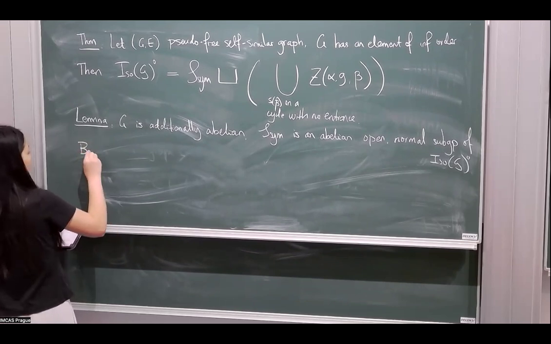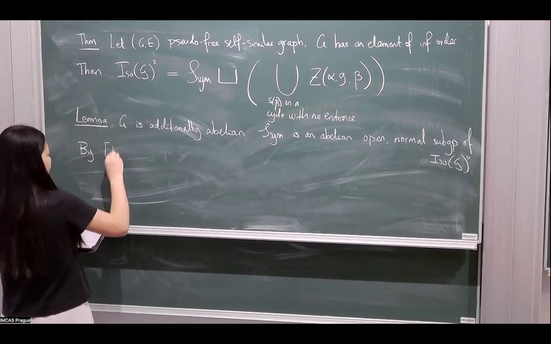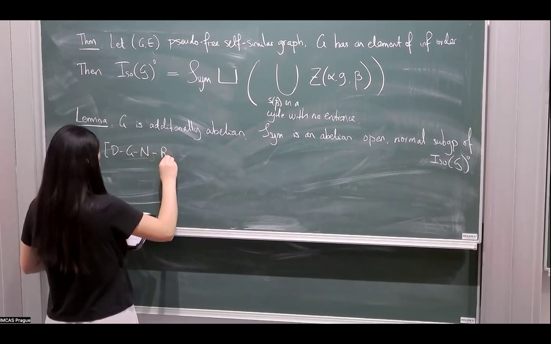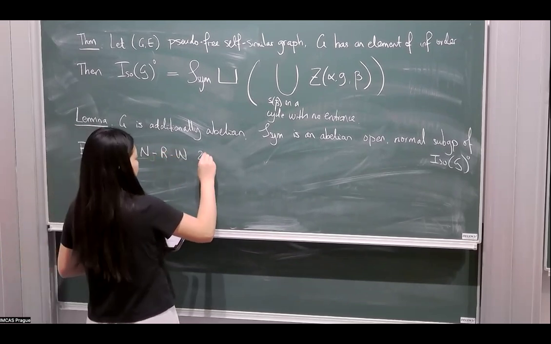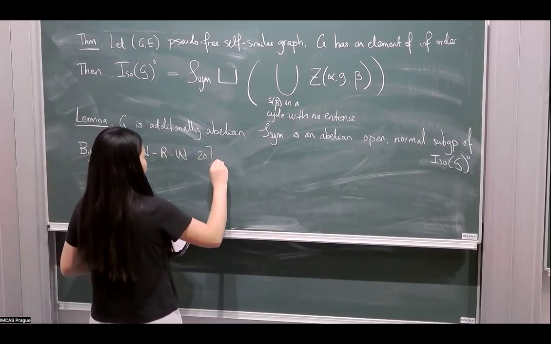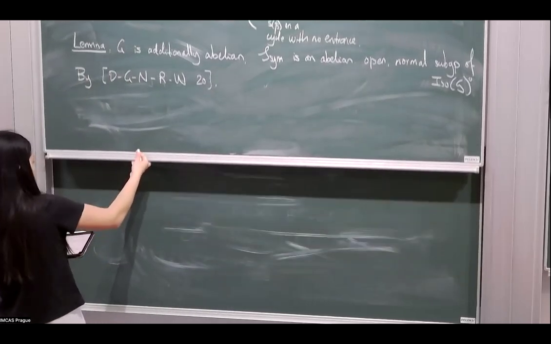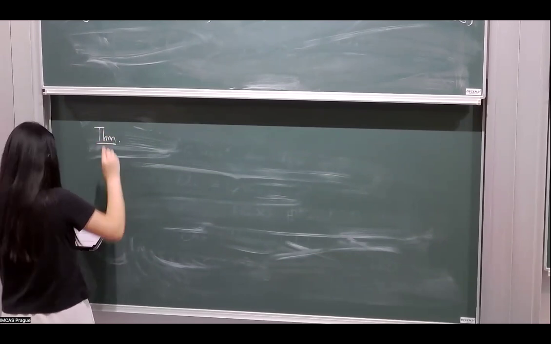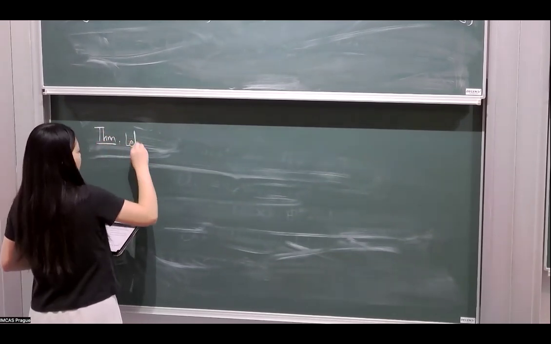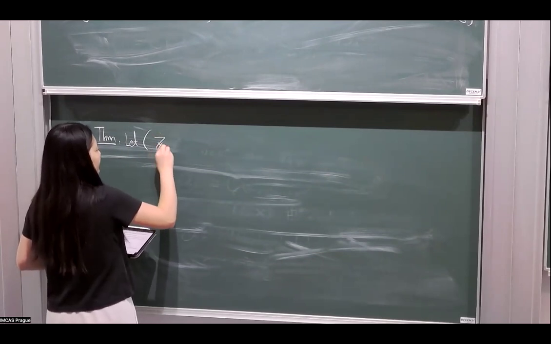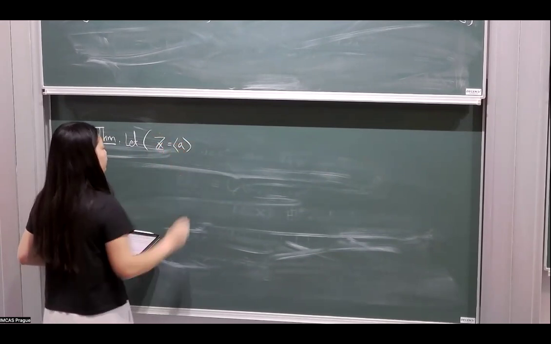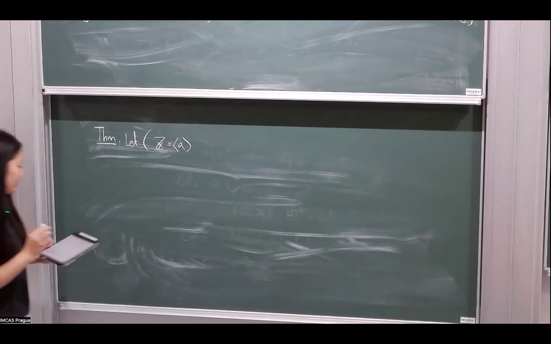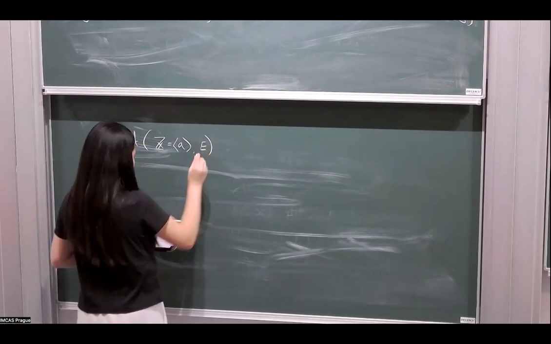By invoking this paper of Duenik, Gillespie, Norton, Resnikov and White in 2020, we have the following main theorem. In this case, we'll just restrict ourselves to the group being Z, because as soon as the group becomes slightly more complicated, the computation is already out of control.